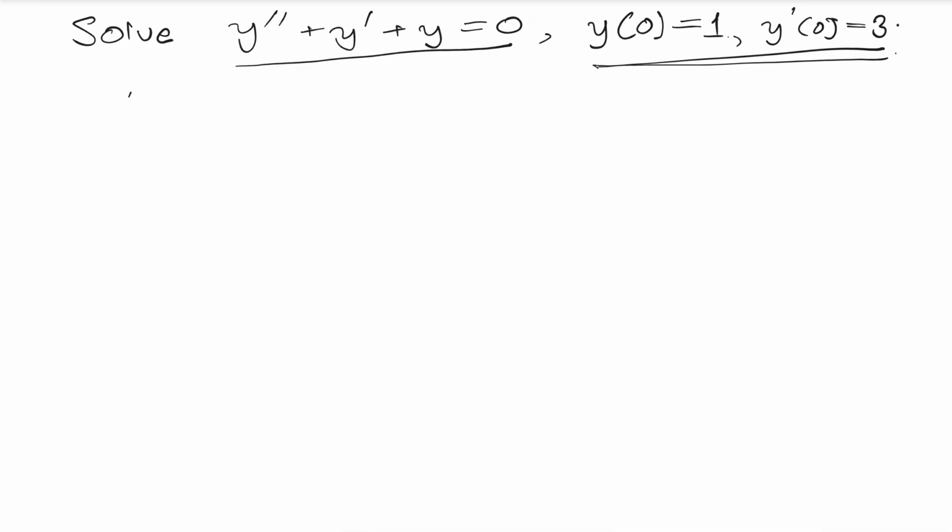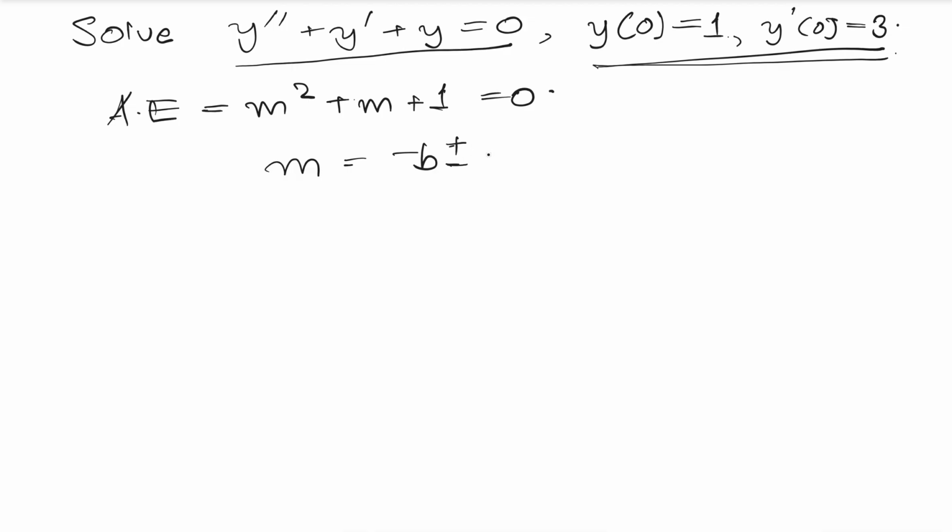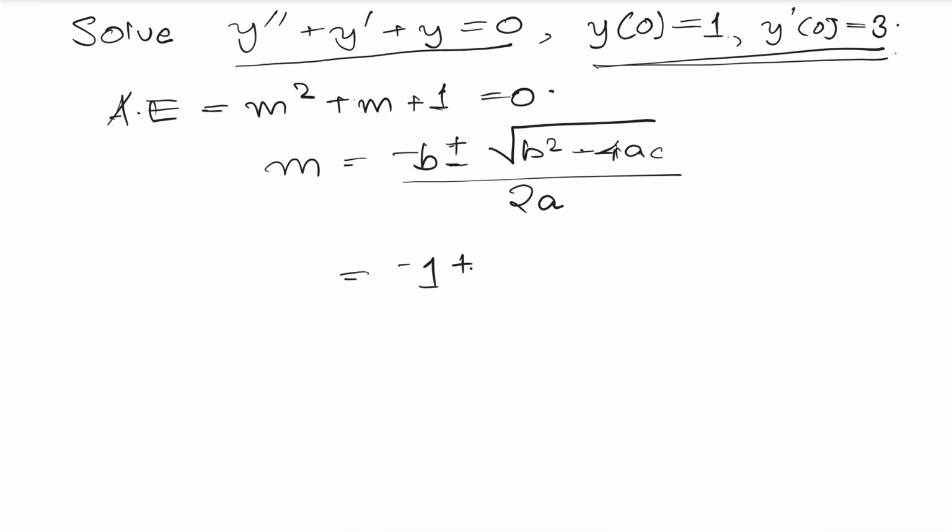So same steps, auxiliary equation, m square plus m plus 1 is equal to 0. That is, m is equal to minus b positive or negative square root of b square minus 4ac upon 2a, quadratic formula, is equal to minus 1 positive or negative square root of 1 minus 4, which is minus 3, divided by 2.